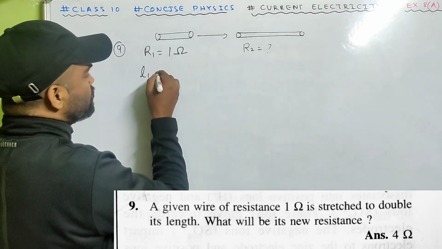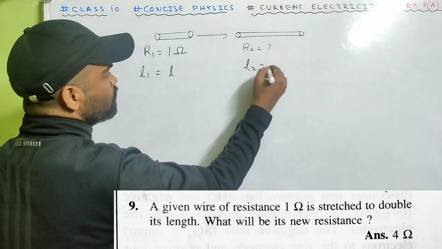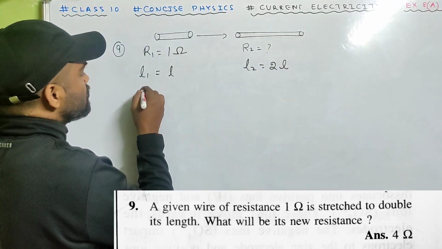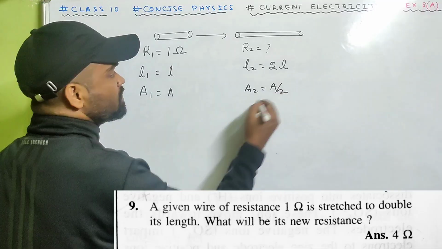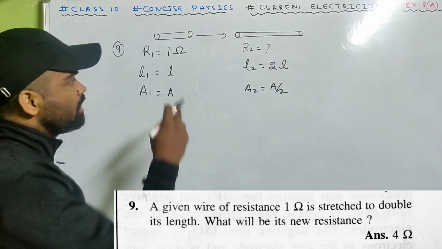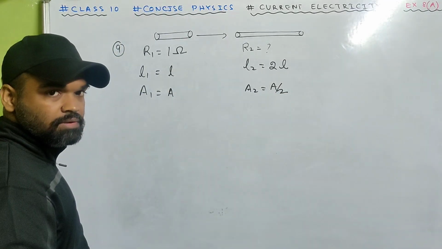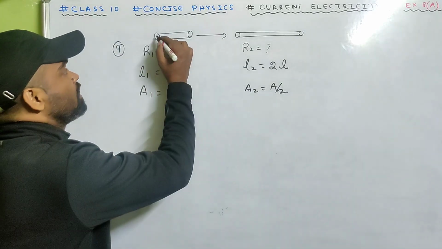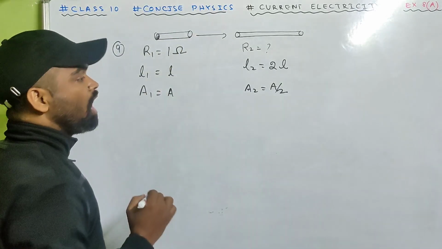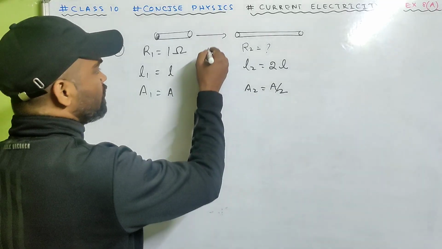Suppose L1, the length of this is L, then L2 is twice L. Suppose A1 is A, then A2 will be A by 2. Remember this, when you increase the length twice, then the area becomes half. Remember that, the cross-section area becomes half. Now look carefully.